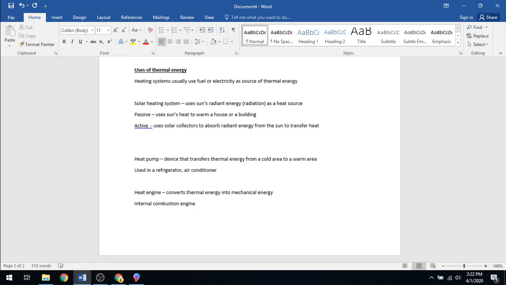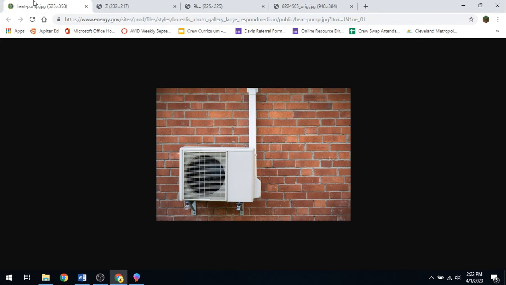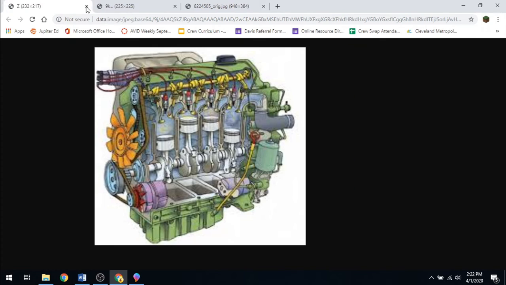I'll add here an example of a heat engine. Internal combustion engines are the engines inside of a car, truck, or bus. There's some sort of engine inside, and it's using heat and a transfer of that to move.